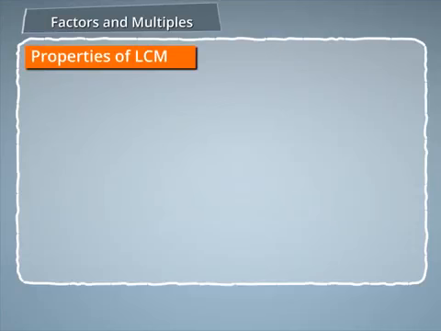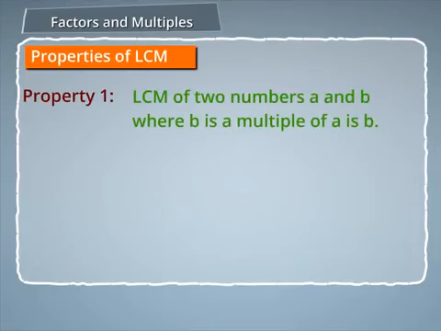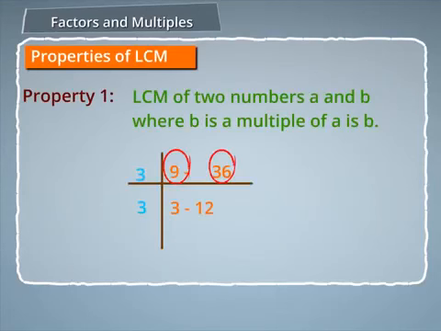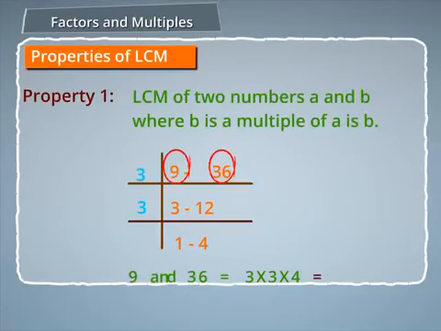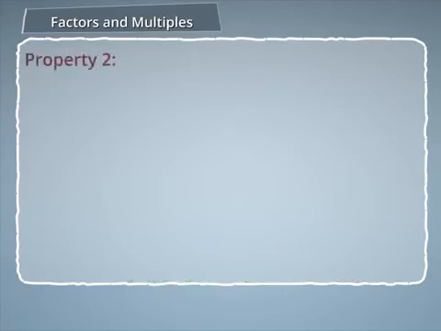Some of the properties of LCM are: Property 1. LCM of two numbers A and B, where B is a multiple of A, is B. Let us understand this with the help of an example. Let there be two numbers where one is a multiple of the other, say 9 and 36. So the LCM of 9 and 36 is equal to 3 into 3 into 4, which is equal to 36.